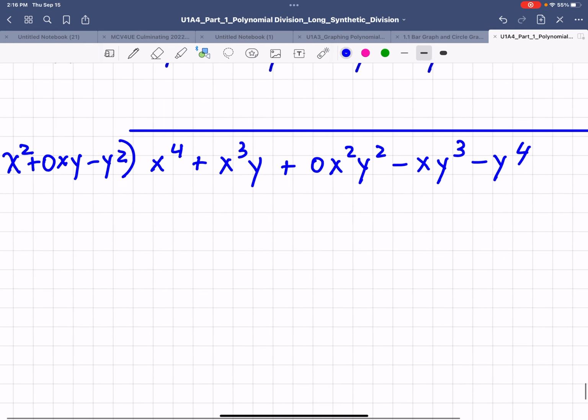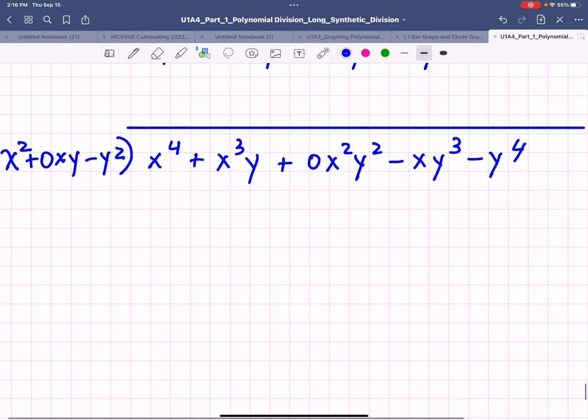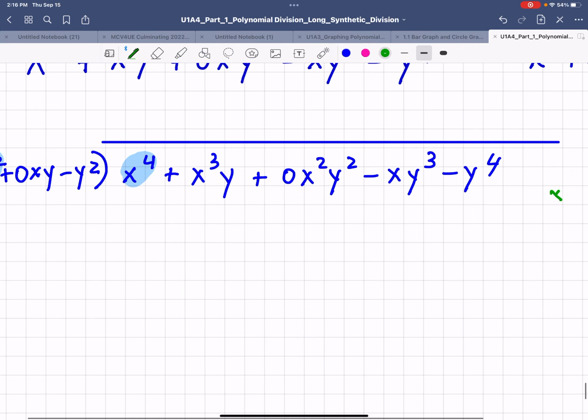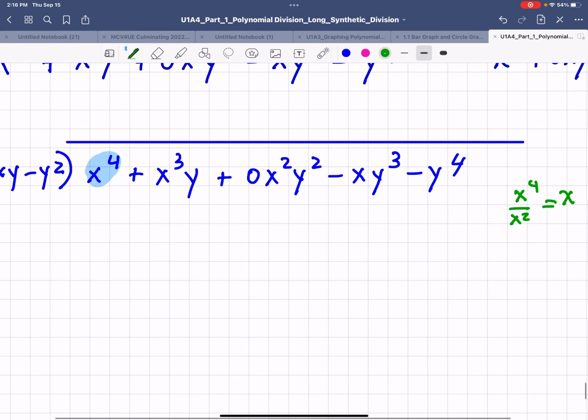So this will be a normal long division. So again, as always, we are going to compare the first term in the divisor with the first term in the polynomial, and we're going to say that x squared goes into x to the 4. Let's check. Divide x to the 4 by x squared, and we get x to the power of 2.